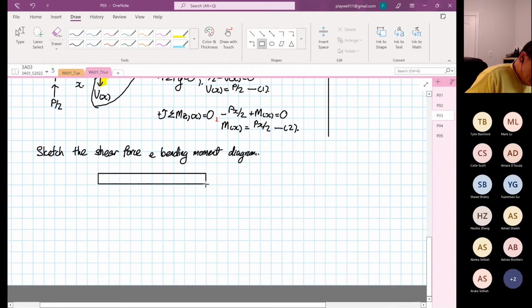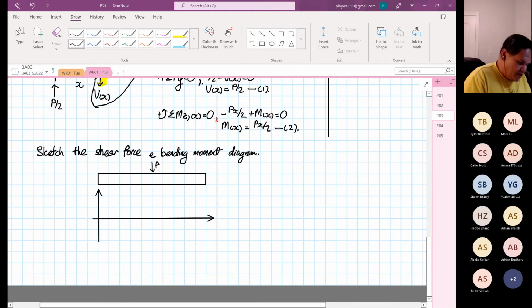So this is our beam that's simply supported. Then I'm going to draw our shear force diagram. We have our load P applied down here. So this is our V. This is 0.